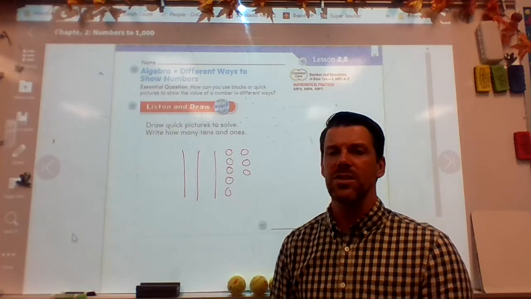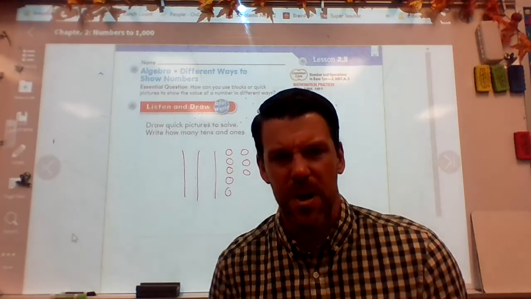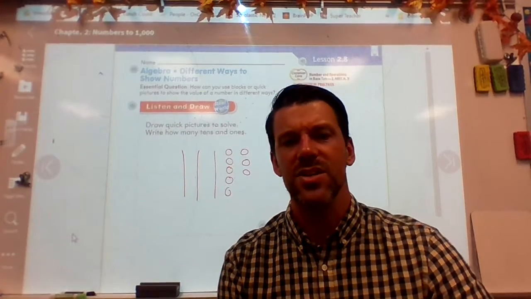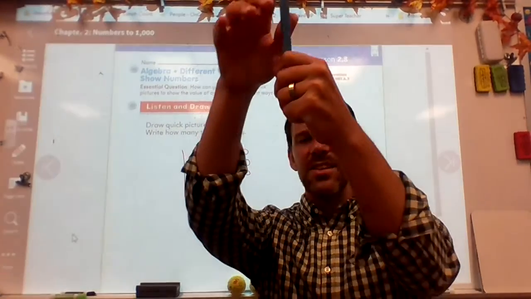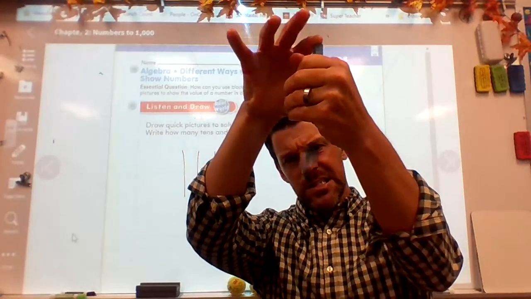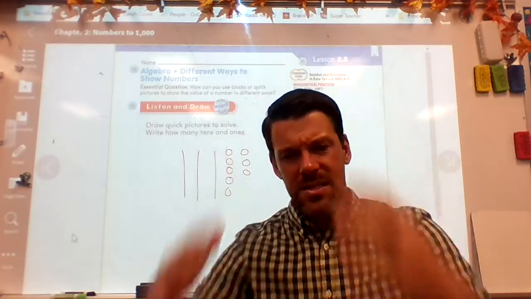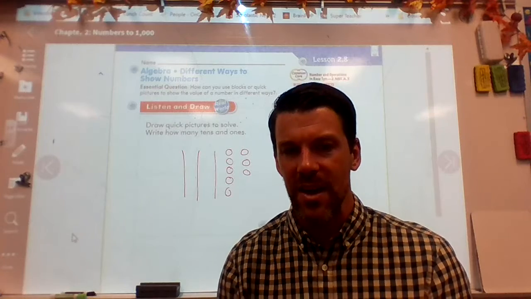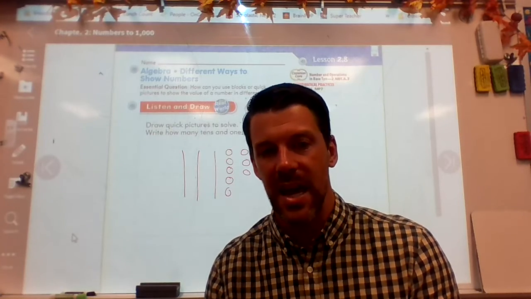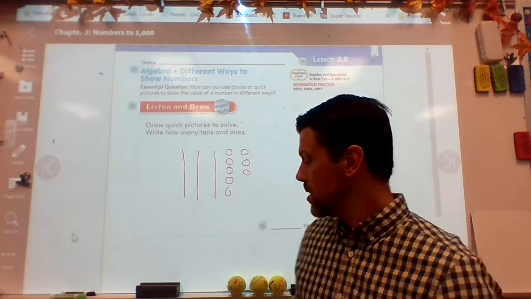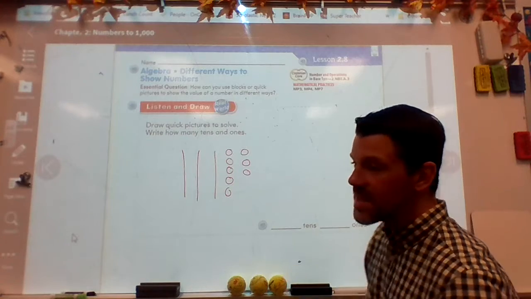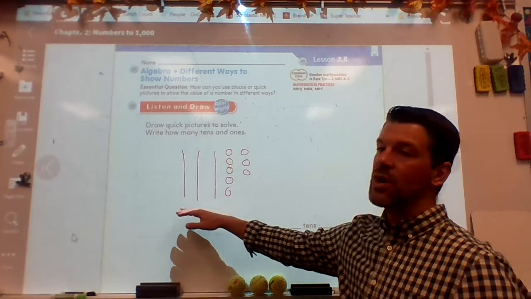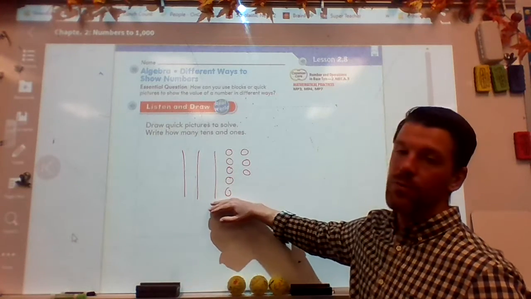Today we're going to talk about breaking apart the tens. We're going to turn this 10 into all these ones. Make sure that you're following along very carefully as we break apart tens to make ones. The first thing I want to do is show this in place value form.